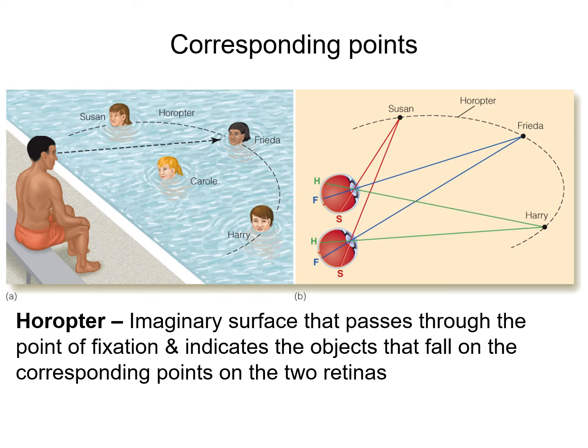So for the two retinas, Susan, Frida, and Harry are all landing on the same places, or corresponding points. Carol has some angle of disparity because she's not landing on that horopter. Those two retinas are going to have non-corresponding points for Carol.